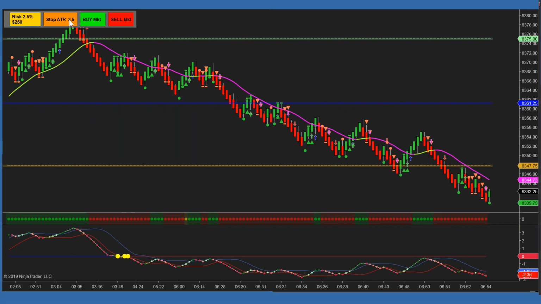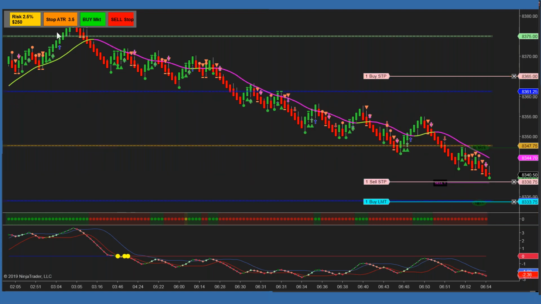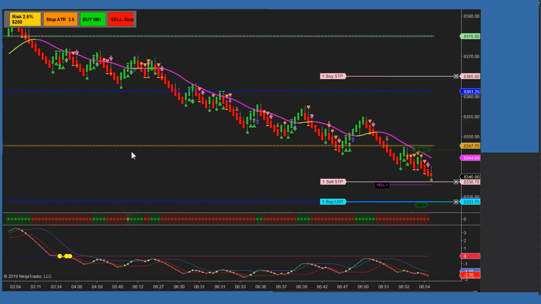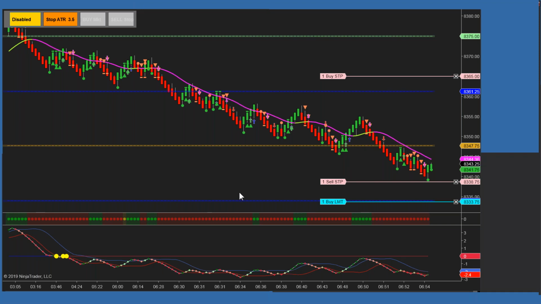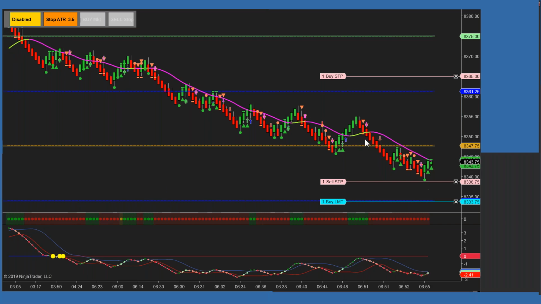It looks like we're going to get a second push opportunity on it. These mini swings are enough to drive you crazy.